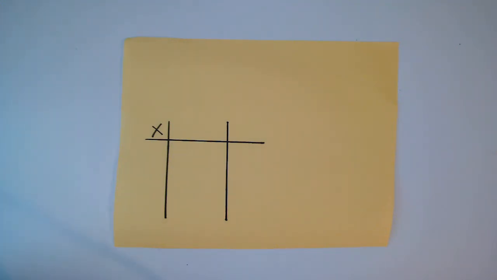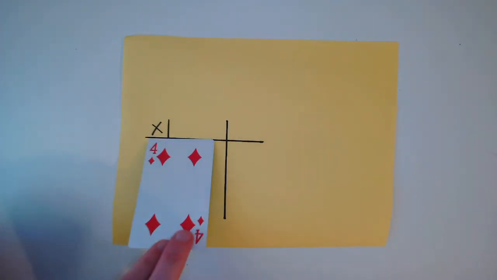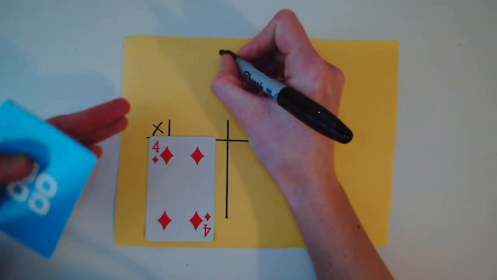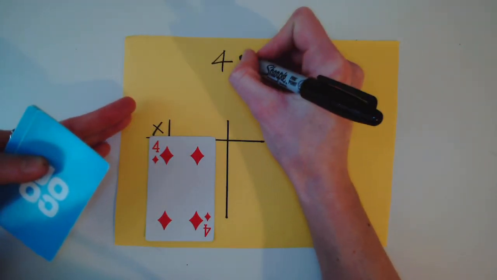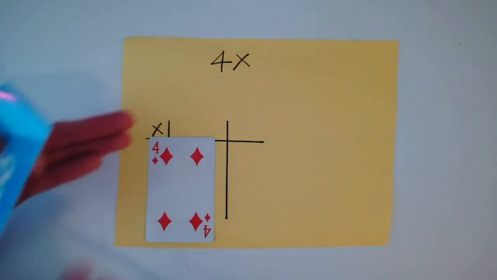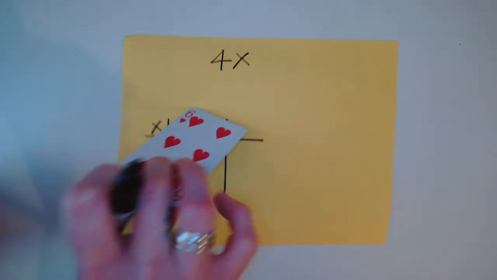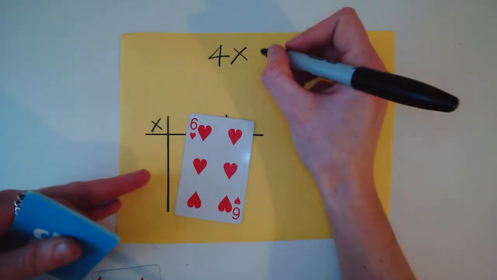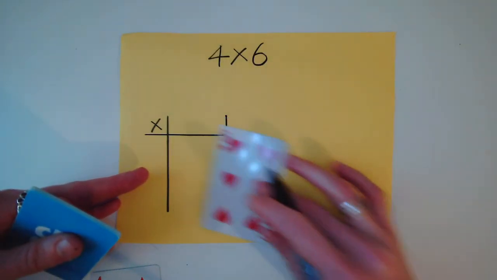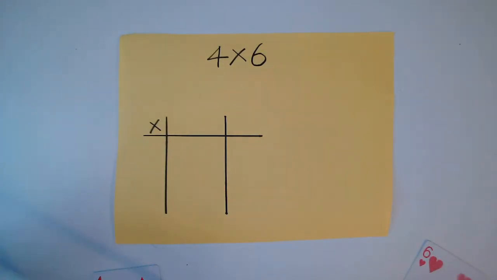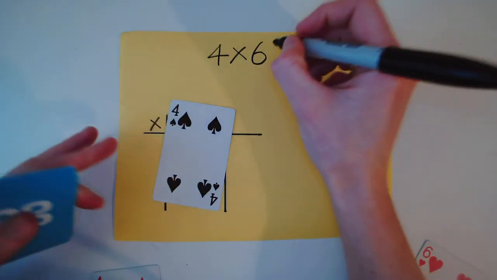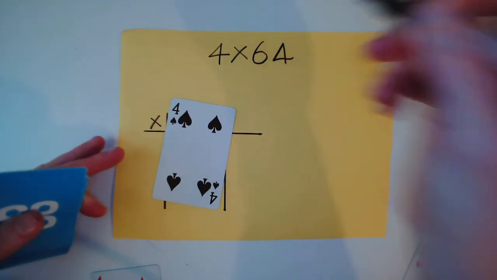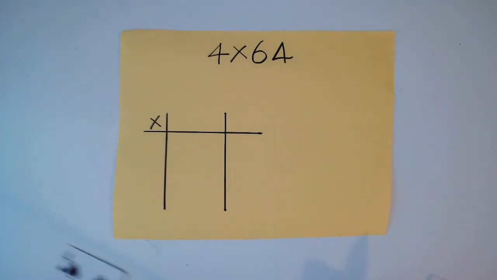So my first number is going to be a 4. So I'm going to write 4 times, now what am I going to have to times my 4 by? 60. And my final number is 4. So 4 times 64.